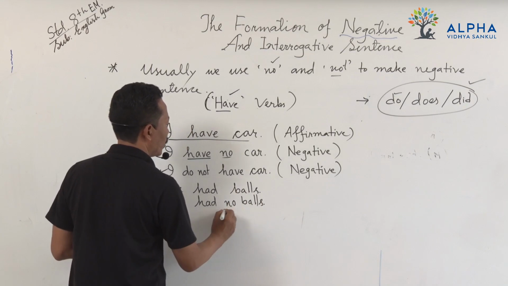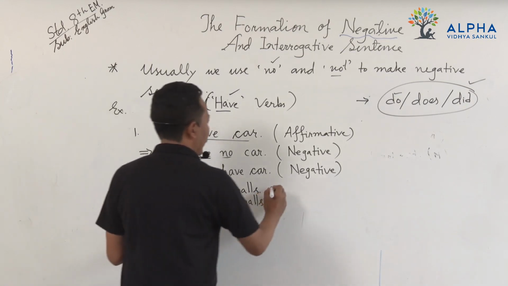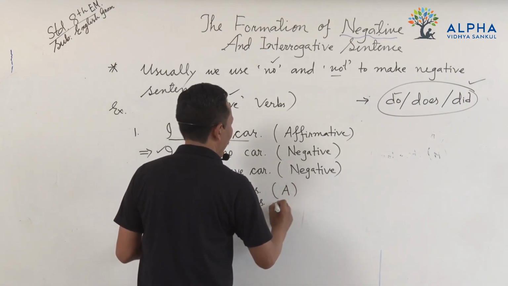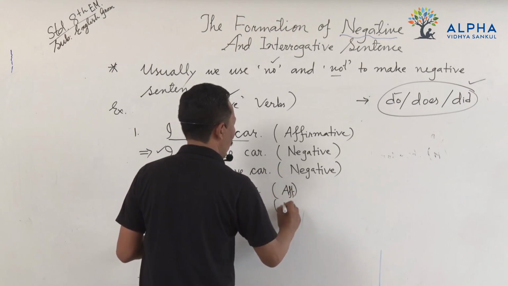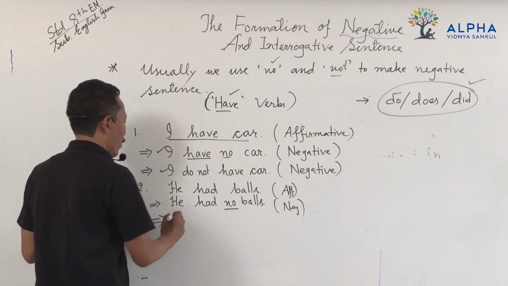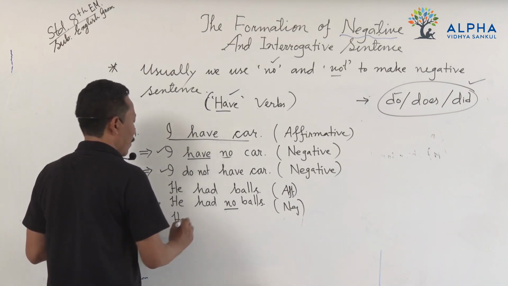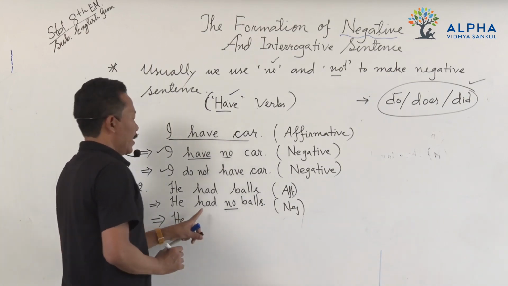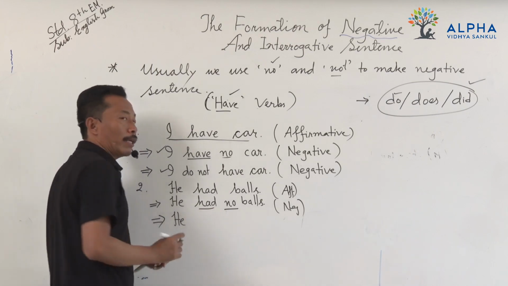Very simple, by using no. And this is affirmative. And this is negative. And the second way, here we have to use our common sense.